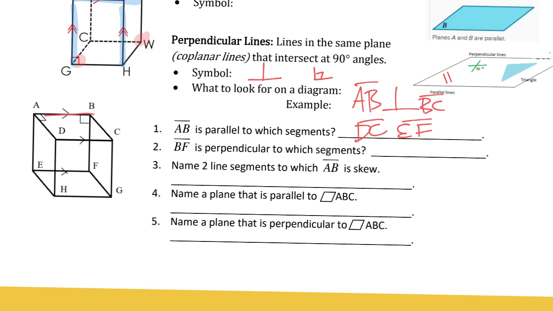BF is over here. She is perpendicular to segment AB because you see the right angle mark there. And who else is she perpendicular to? Well, this is where we're going to use our right angle theorem.